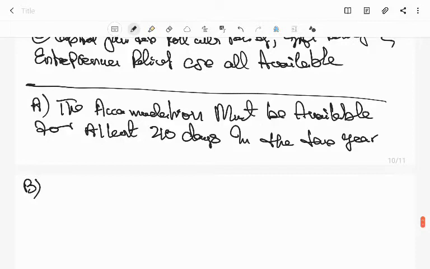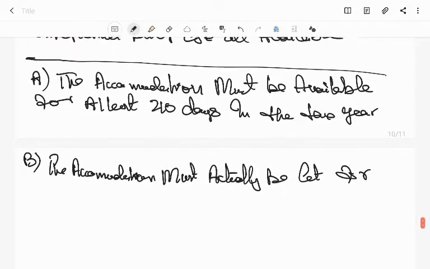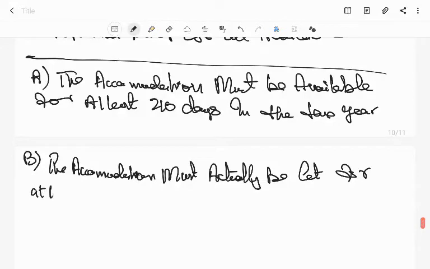The accommodation must actually be let for at least 105 days in the year.